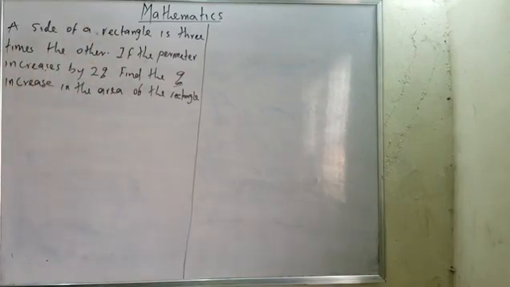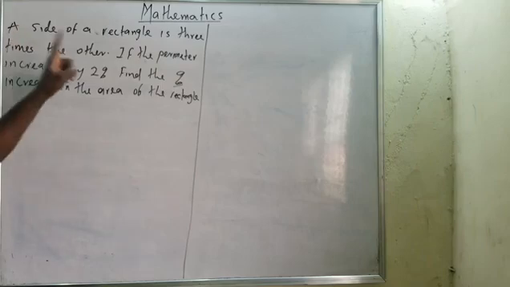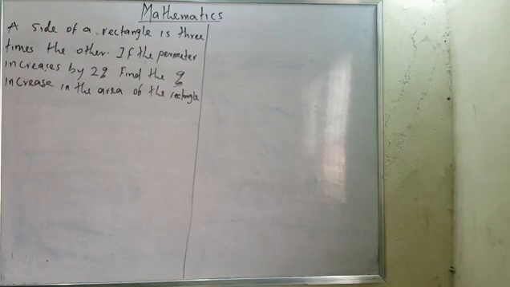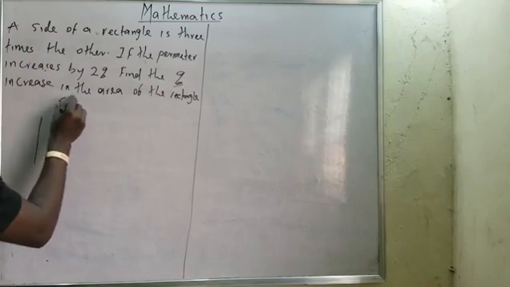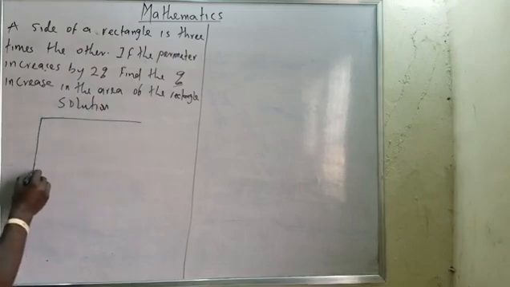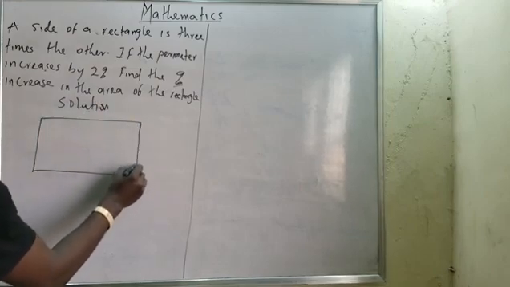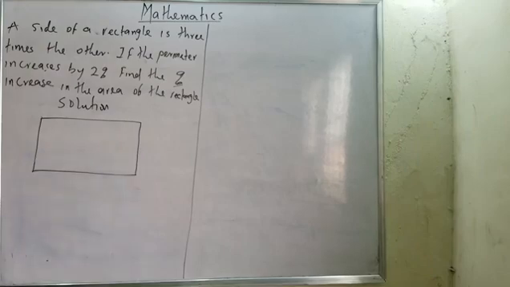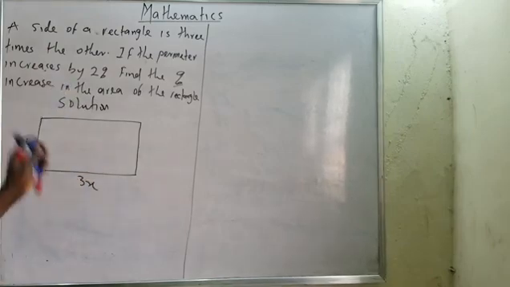The first thing you need to understand is, a side of a rectangle is 3 times the other. What does that mean? You all know what is called a rectangle. A side of a rectangle is 3 times the other.